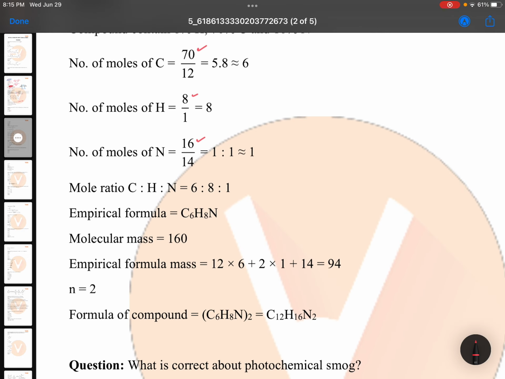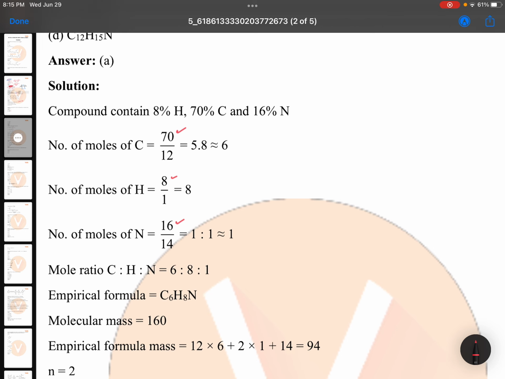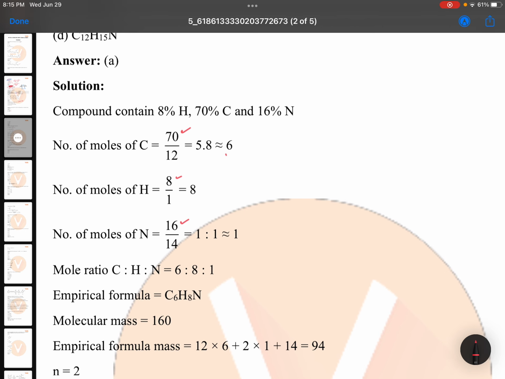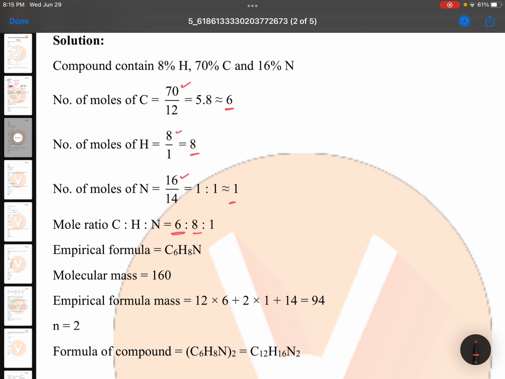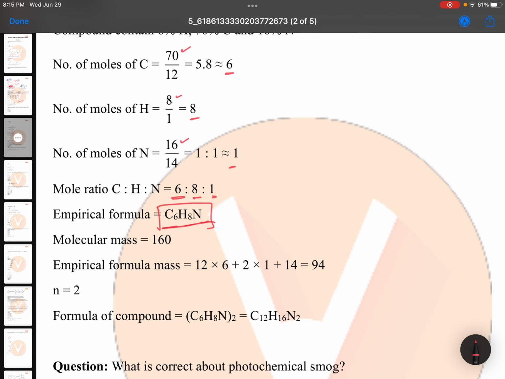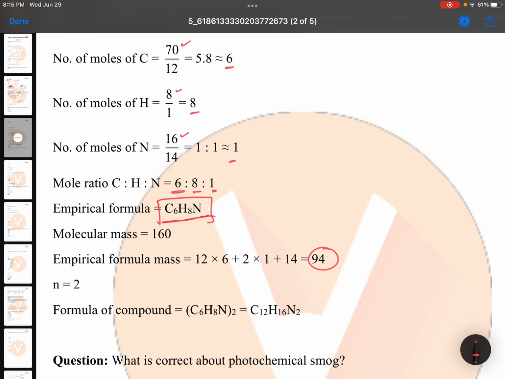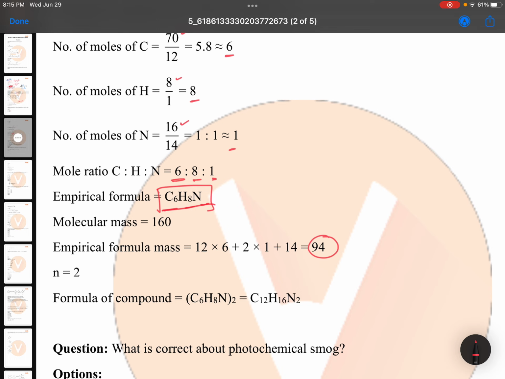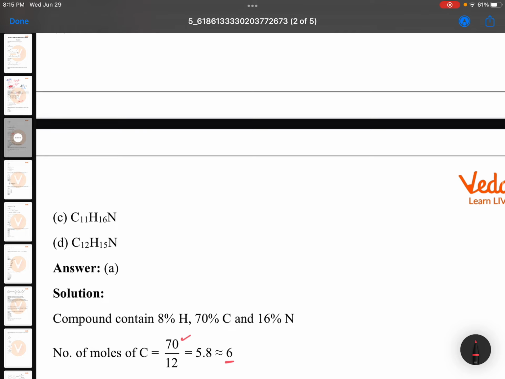Okay, number of moles we are getting is 6 and this is 8 and this is 1. So the mole ratio is 6:8:1. C6H8N. So C6H8N empirical formula mass is going to be 90. And something wrong, man. This is 160 and this is 94.